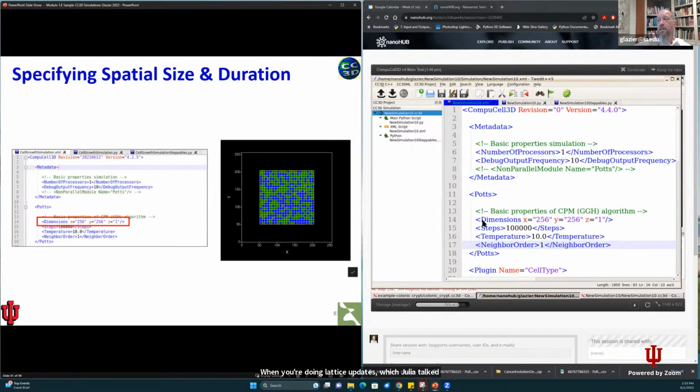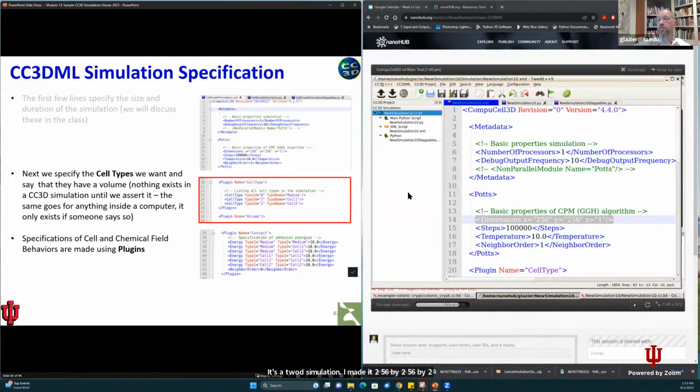The next block is, in there we see, for example, the dimension of the simulation is 256 by 256 by 1. It's a 2D simulation. If I made it 256 by 256 by 256, it would be a 3D simulation.